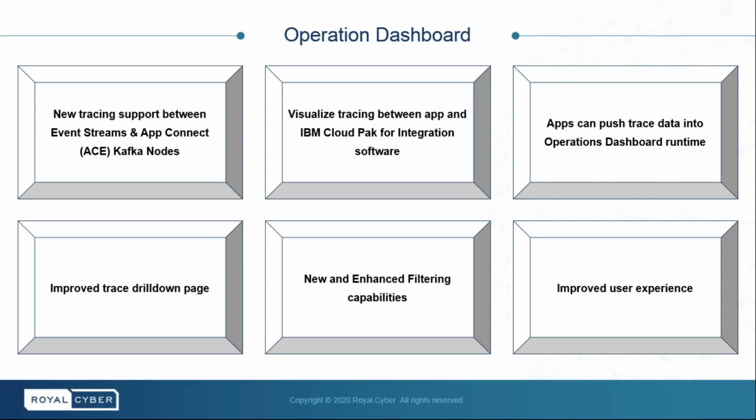It has the enhanced ability to save, load, and share frequently used filters. It also has new filters for service name, Kafka partition and offset, and resolved queue name. And it also has a new debug log page.